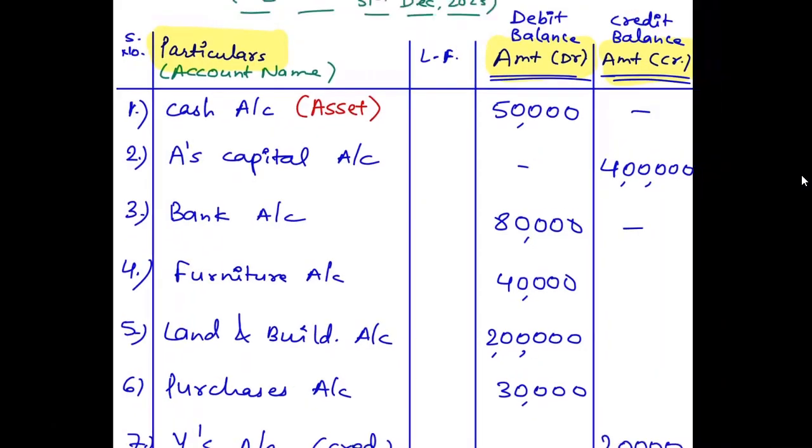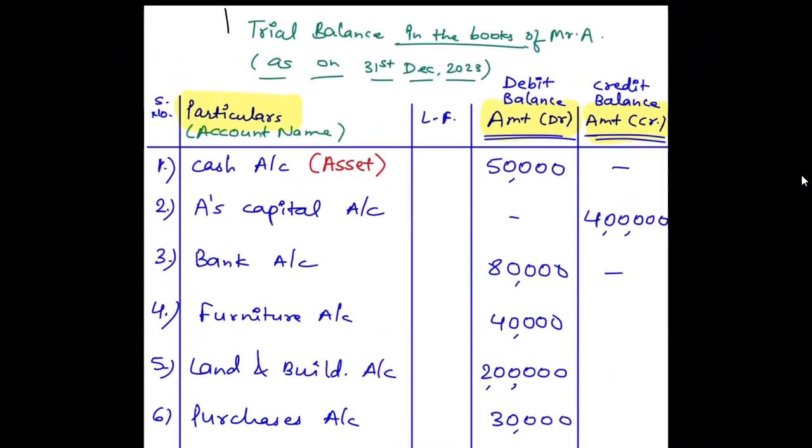No. For every item in your trial balance, there would be only one effect. Only and only one effect. Why one effect? Because the other effect is already considered in some of the other account which we will post.